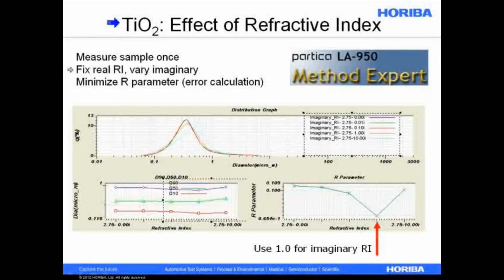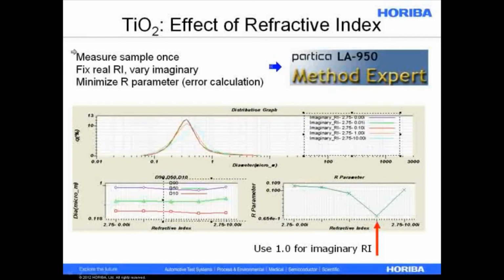We should find a way to determine the real component of refractive index. We will fix that, but then what should I use for the imaginary value? If you're not familiar with these terms, real refractive index, imaginary, I think it was just a month ago we recorded a webinar on the effect of refractive index and how this selection of refractive index is automated using the Method Expert software in the LA950 software.